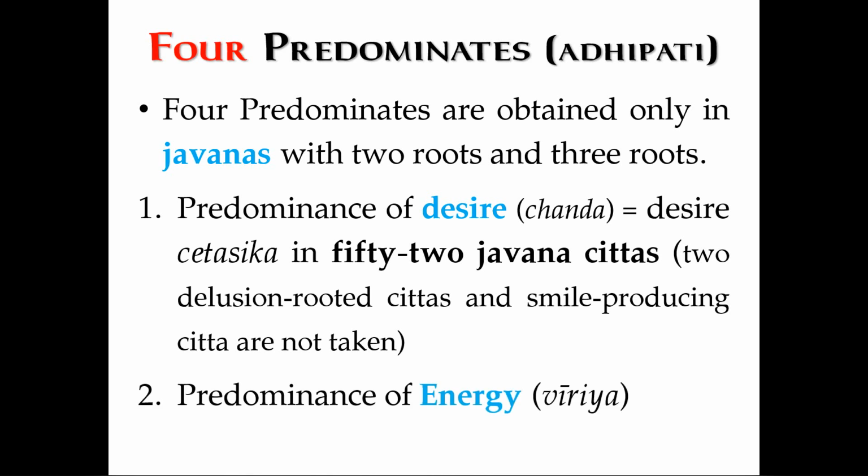Then number 2, predominance of energy. It is also the same thing. It's not a normal energy. Normally, normal energy, vīriya cetasika, can associate with 73 chetas.